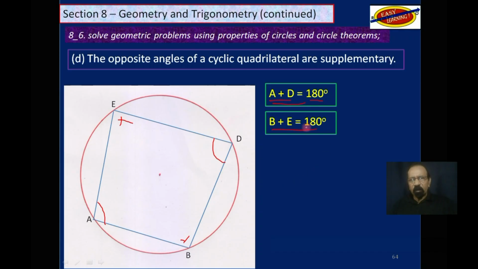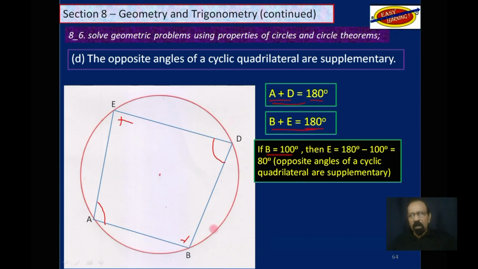They are supplementary. So if B here is 100 degrees, then E would be 180 minus 100, which will be 80. And your reason for that is that opposite angles of a cyclic quadrilateral are supplementary.